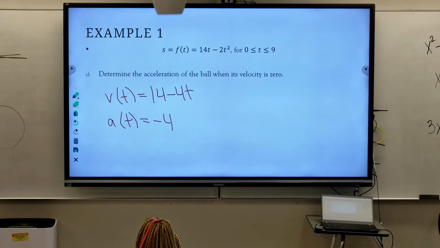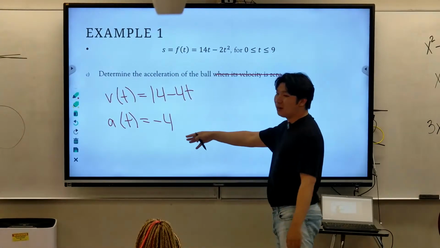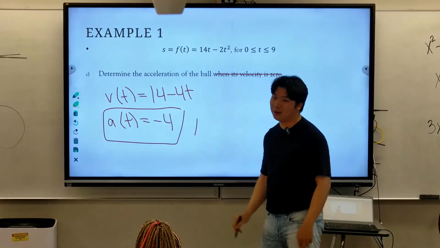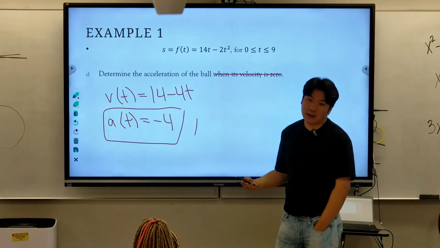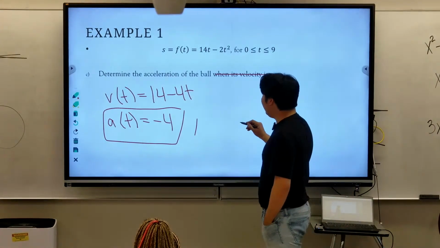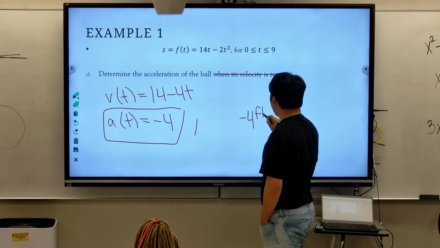No matter what I plug into that acceleration function, it's -4. So this part doesn't even really matter for this particular example because the acceleration is the same no matter what. Your acceleration is not changing in this example. So really, the acceleration is still going to be -4 feet per second squared.